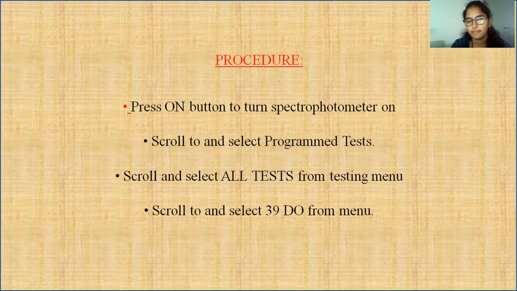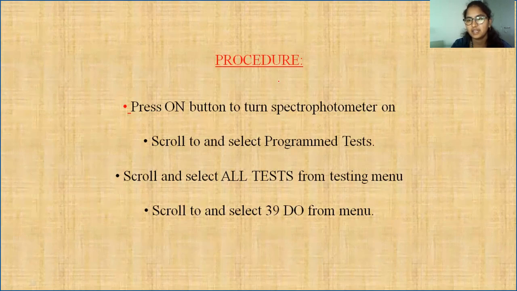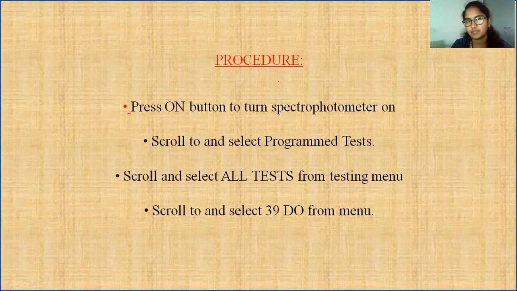Now rinse the clean tube with untreated sample water and fill to the 10 ml line with the sample. The sample is taken and poured up to the 10 ml line mark. This tube is the blank.